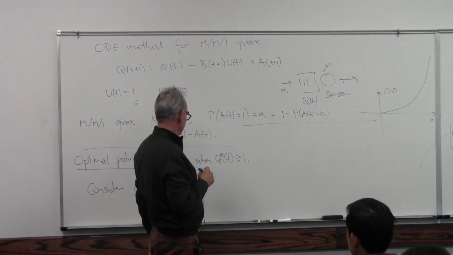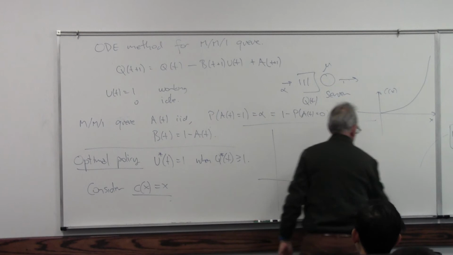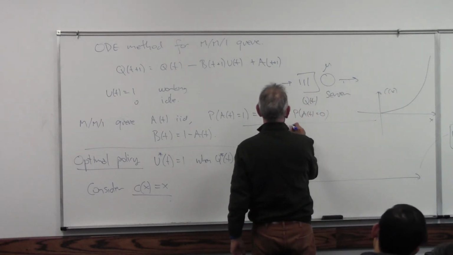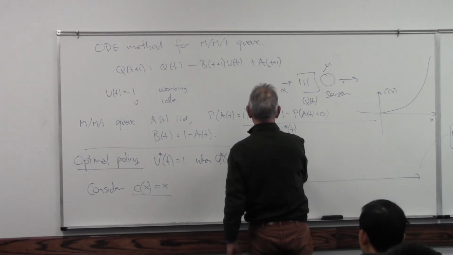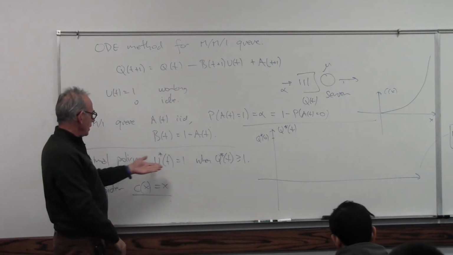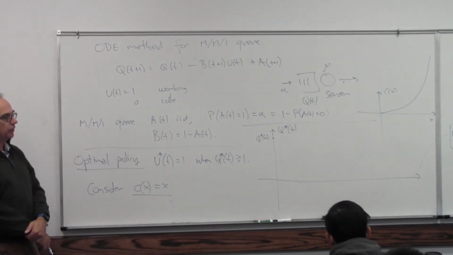How about if I do one more line? What does it look like? Think about this for a bit. Under this policy, what is the evolution of the stochastic process as time evolves?